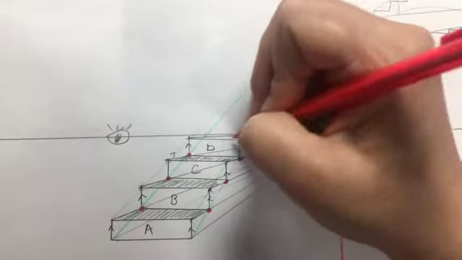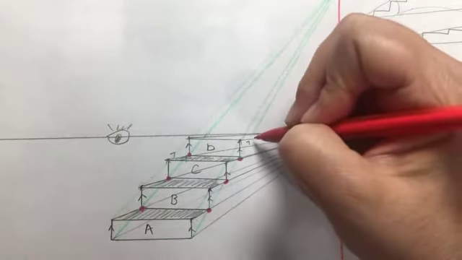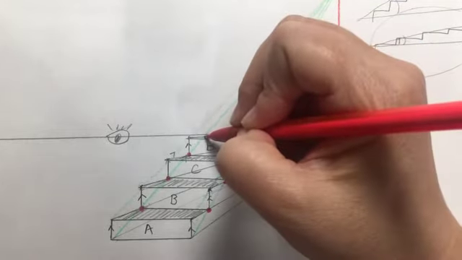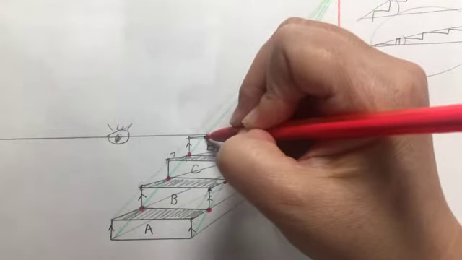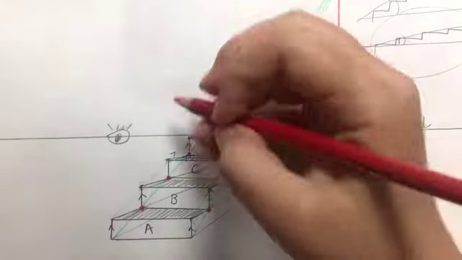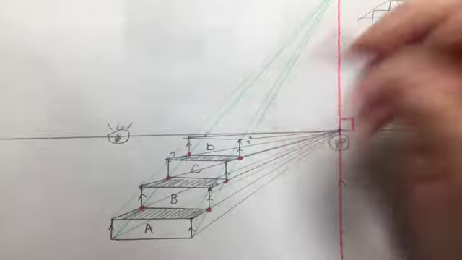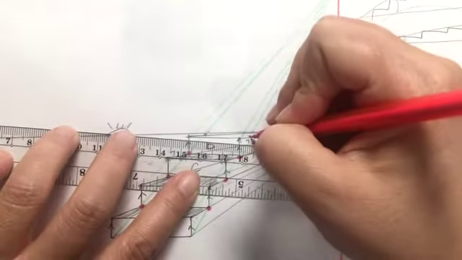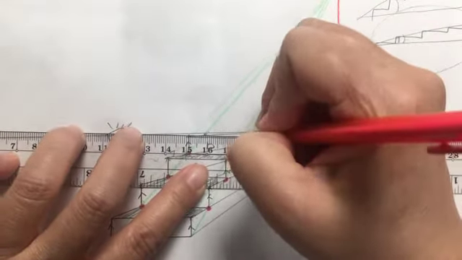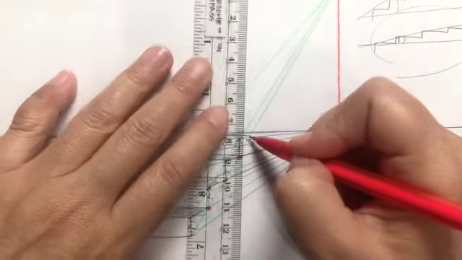But let's say if I finish this drawing, what you want to do is here, see the black line and the green lines intersecting here, intersecting here. So let's say this is the end of the step, like this.